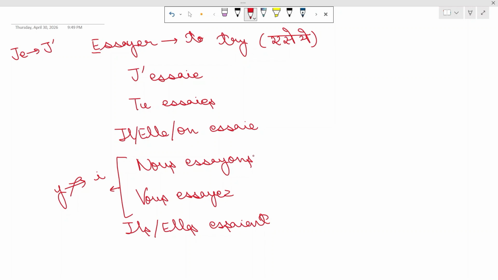These will be conjugated in the similar manner as the er ending verbs are conjugated. This means I try or I am trying, you try or you are trying, he or she tries, we try, you try, they try. Here the pronunciation will be essaie.